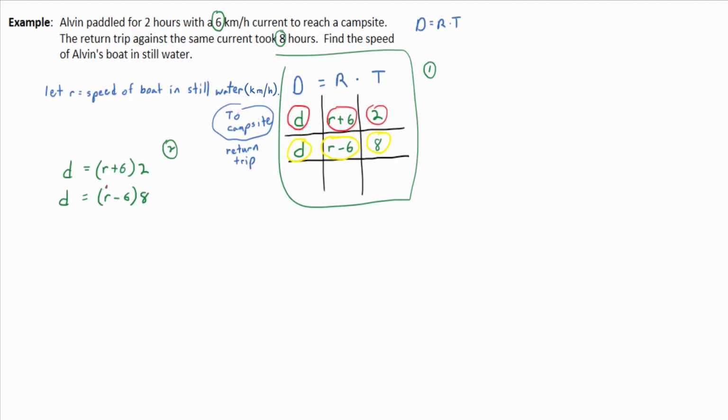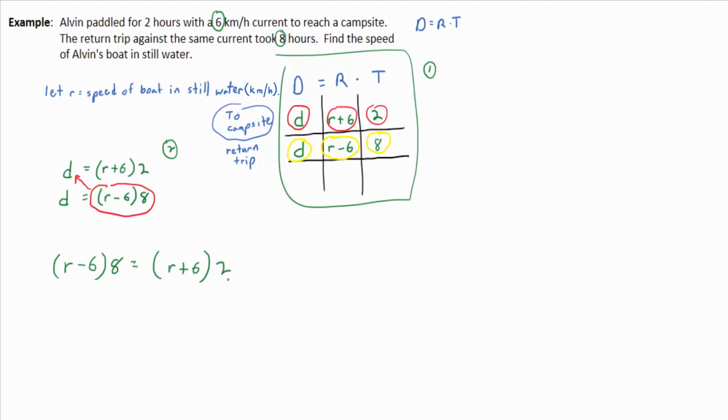Couldn't you take this guy and substitute it in for D right there, or vice versa, take this guy, substitute it in for D right here? You'll get the same equation. So if you do that, you get r minus 6 times 8 is equal to r plus 6 times 2. Does everybody see that?